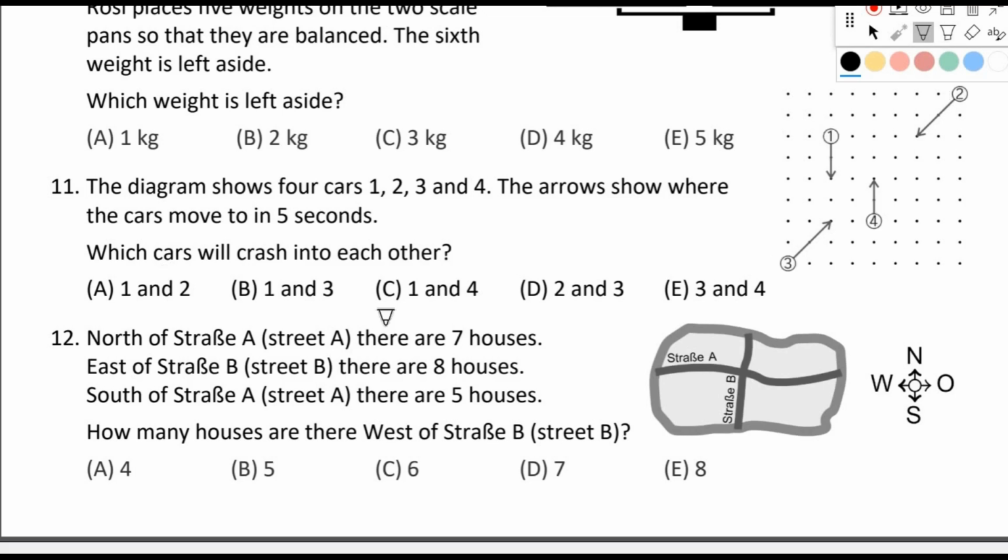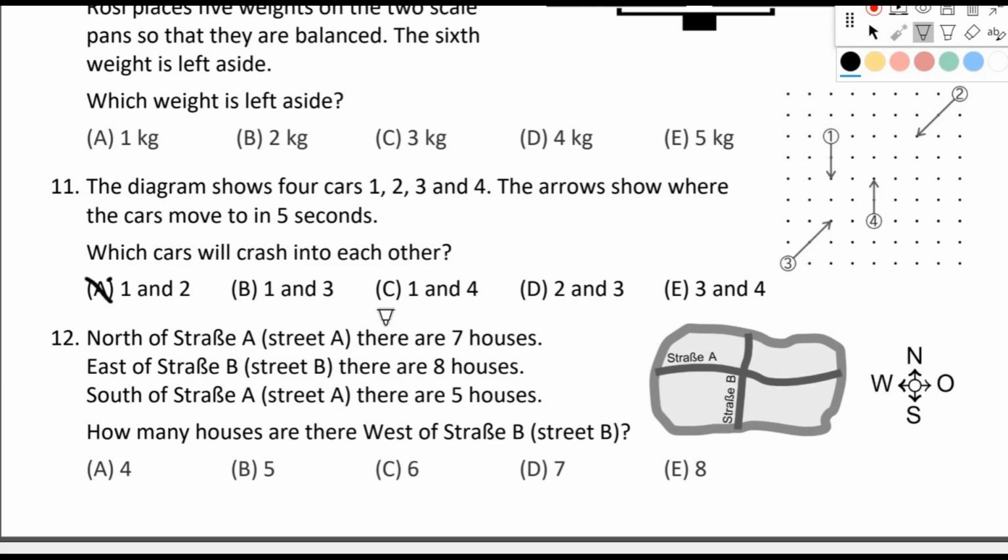Let's start with cars 1 and 2. Look into their directions and the distance between 1 and 2. If car 1 moves one step, by the time car 2 moves one or 2 steps, car 1 must have reached this location. So they will not cross each other.